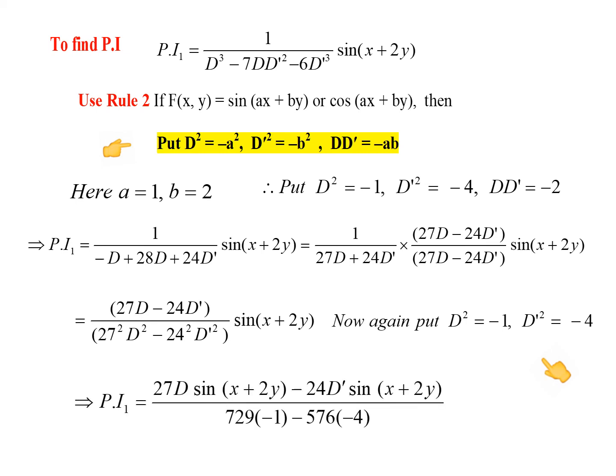So when you do that, the denominator becomes just a number. In the place of D square you are putting minus 1. In the place of D dash square we shall put minus 4. And look at the numerator. We have multiplied the numerator 27D into that, minus 24D dash into that.